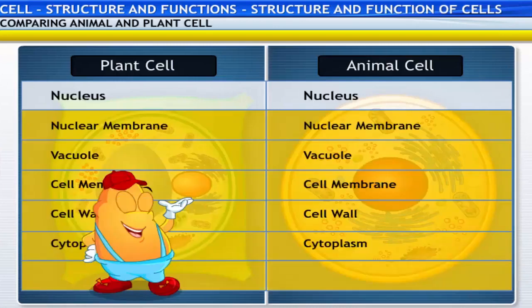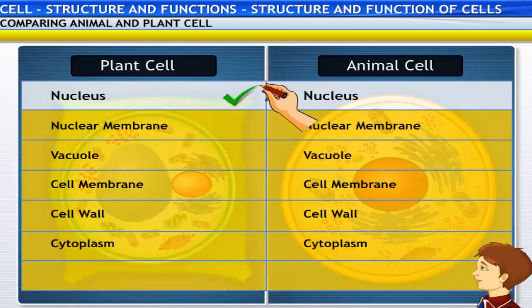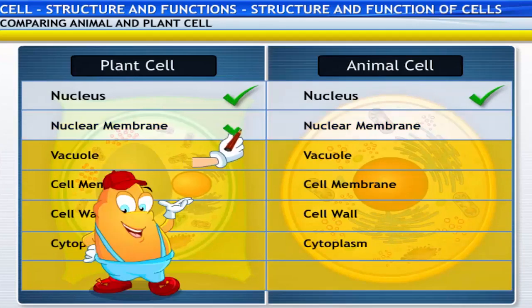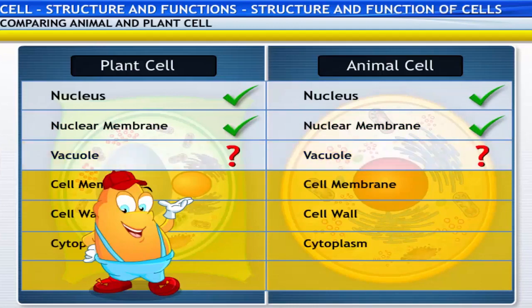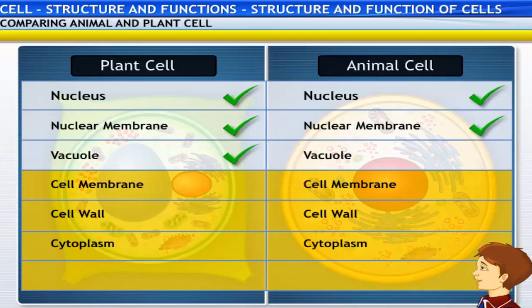Okay, now let's begin with the nucleus. It is present in both plant and animal cells. What about the nuclear membrane? Nuclear membrane is also present in both plant as well as animal cells. What about the vacuole? It seems to be present in both plant and animal cells. However, it looks much smaller in animal cells.